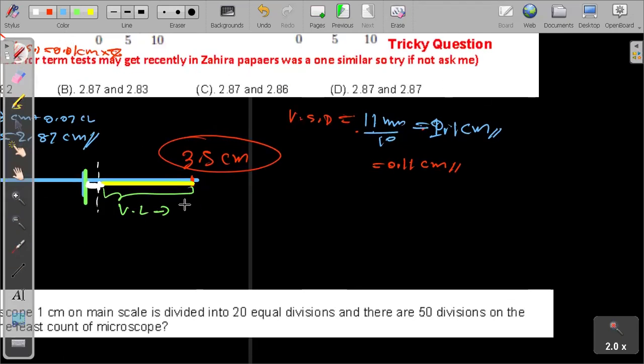Let me multiply 6 parts by 1.1, that means 6.6 millimeters. In terms of centimeters, it's going to be 0.66 centimeter.